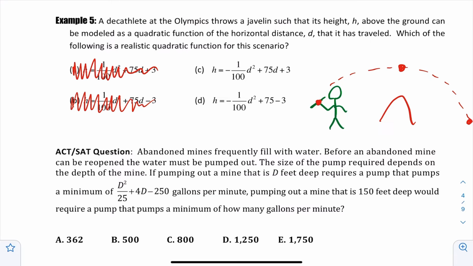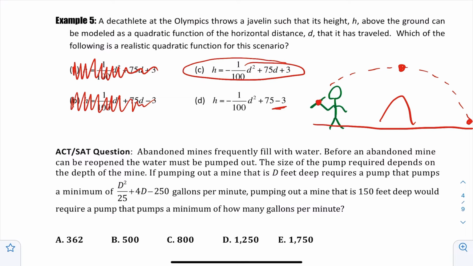And then again, I'm standing on the ground, but the javelin doesn't start on the ground. So when we think of our y-intercept, that starting point, that initial value, I shouldn't be beneath the ground, I need to be above the ground.